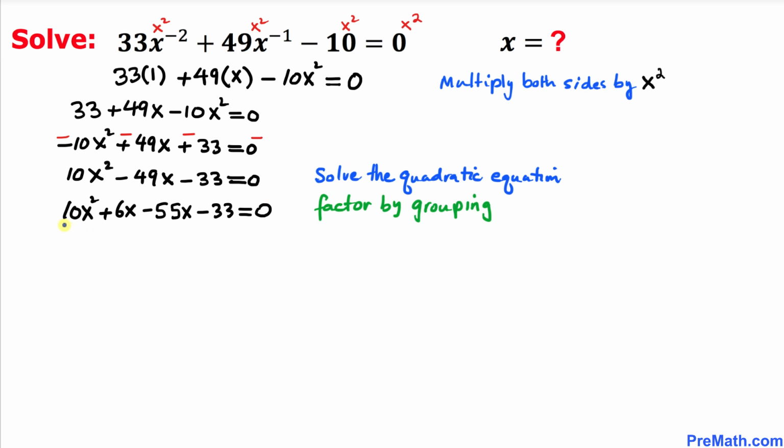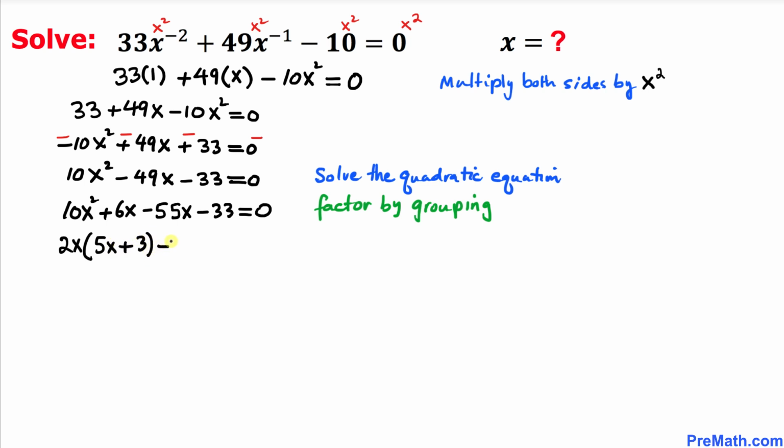Now let's focus on these first two terms. We can see that 2x is in common between these two terms, and in the next two terms negative 11 is in common. So let's factor out 2x. Inside the parentheses is going to be 5x plus 3.